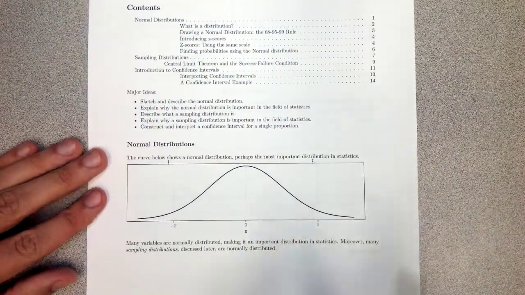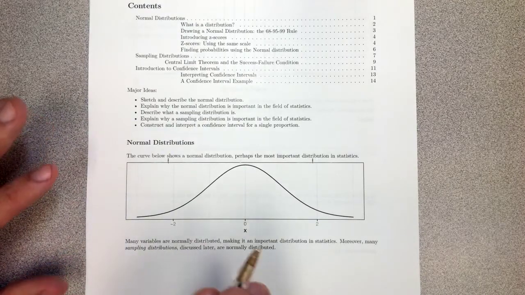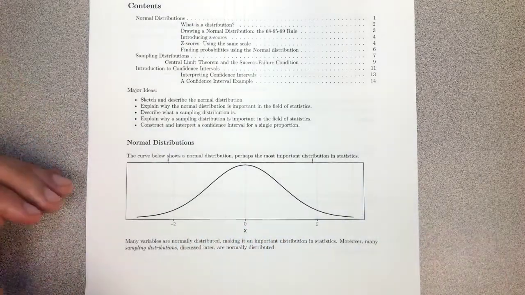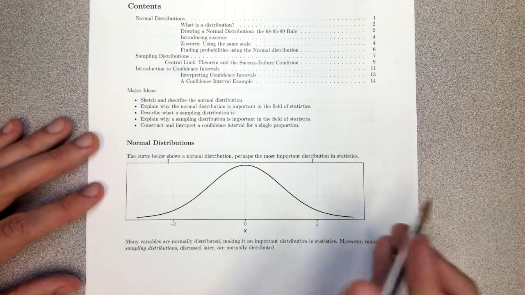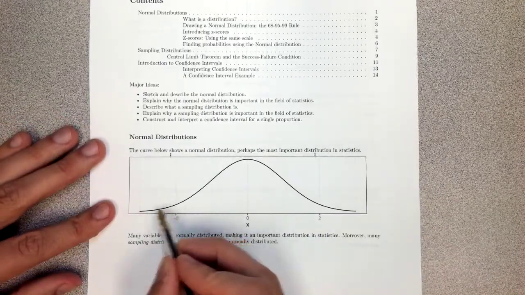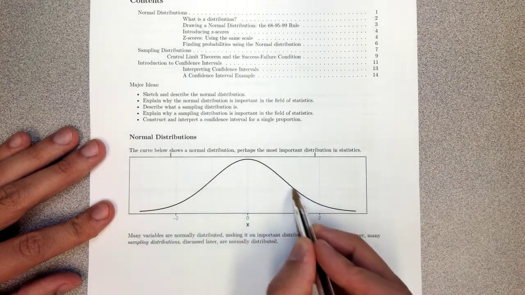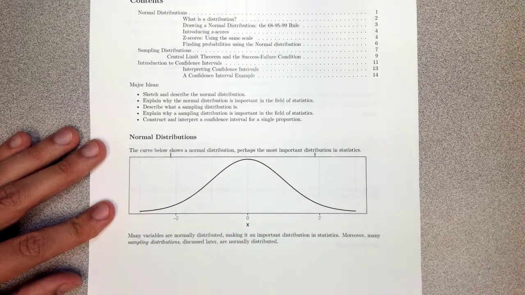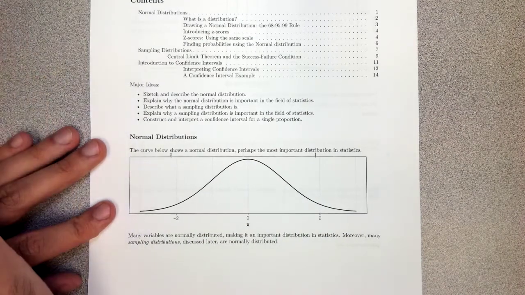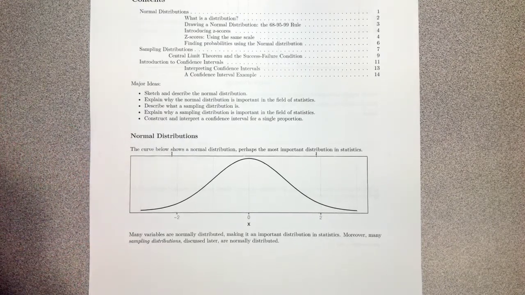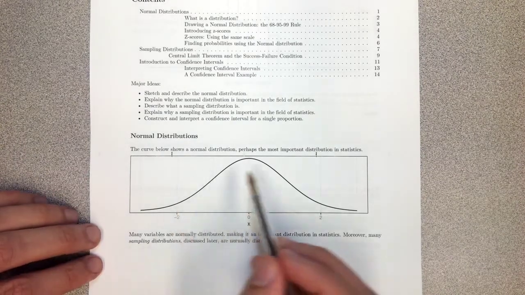And so the normal distribution is one of the most important things in stats. And there's a picture of it here. The shape of the normal distribution is just this nice bell-shaped curve. There are many different types of distributions in stats. We're not going to talk about any of them, but you'll notice in our textbook that a bunch of them are in the chapter with this normal distribution.